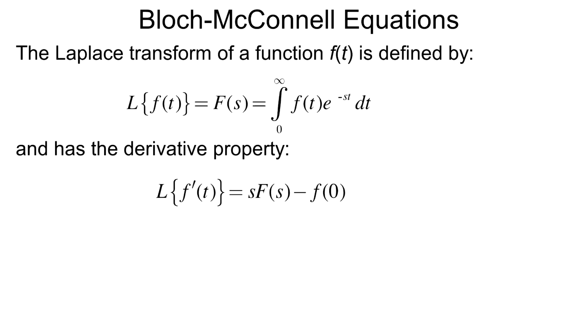And the Laplace transform has the convenient property that the Laplace transform of the derivative of a function is very simple. It's s times the Laplace transform of the function itself minus the initial value of the function. And we can use that property to great use here.